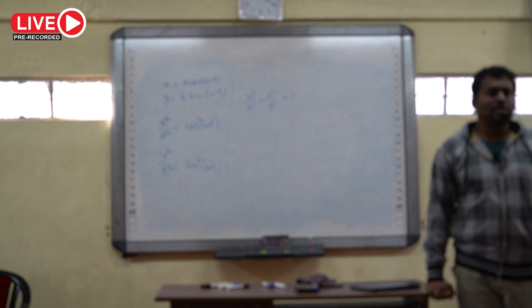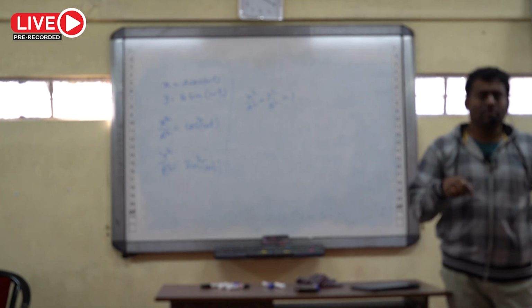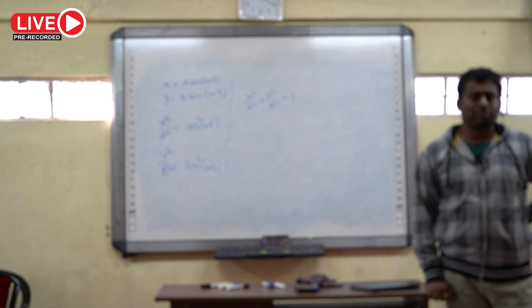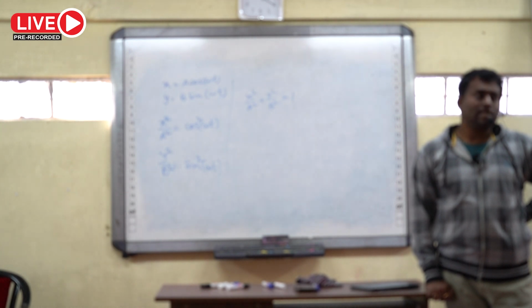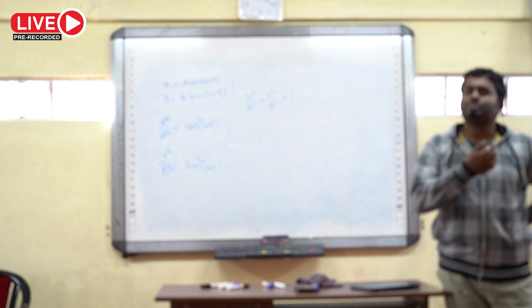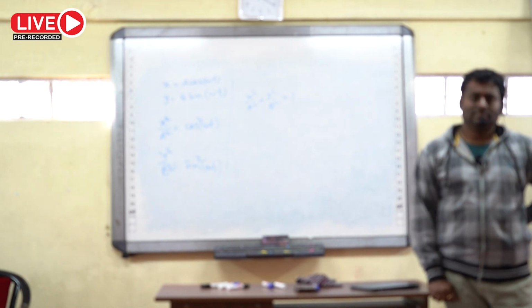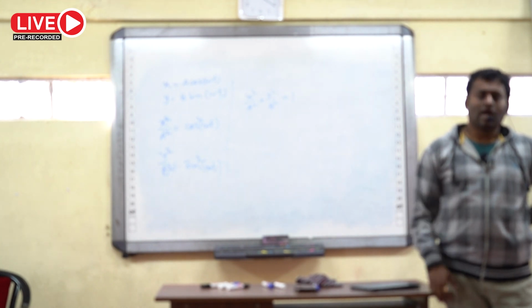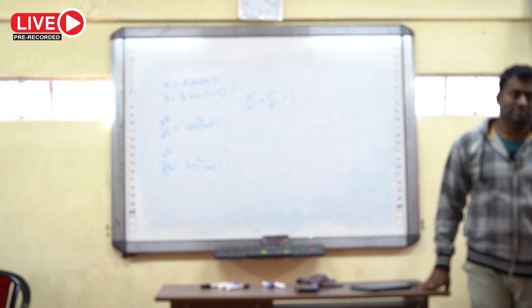What is the general name of these curves? Or how can we generate these curves? Don't say that we can draw this curve on paper. How can we generate these curves?